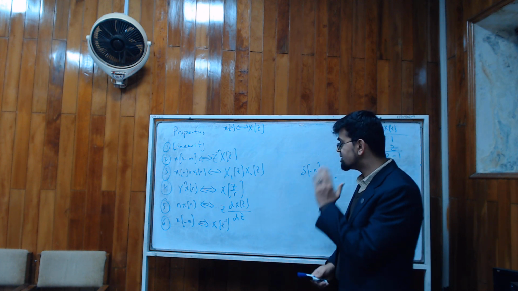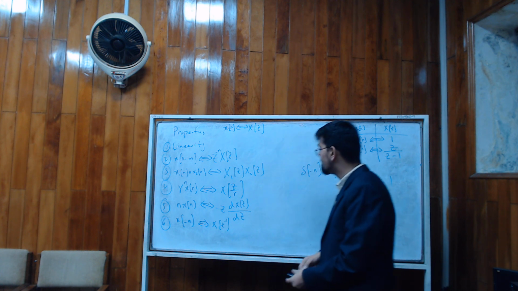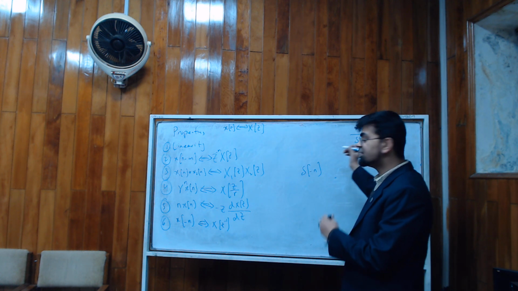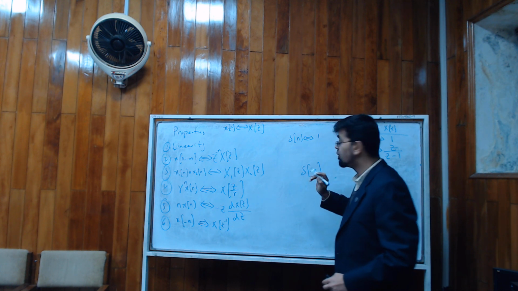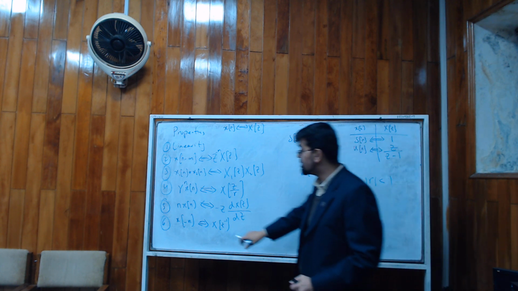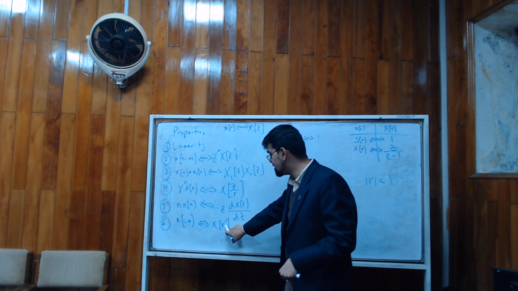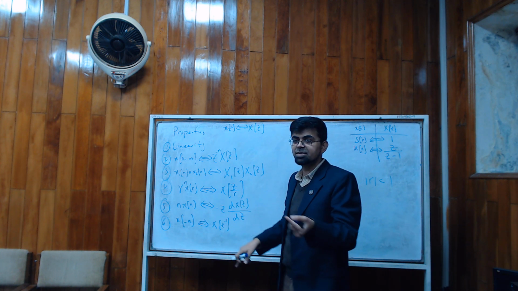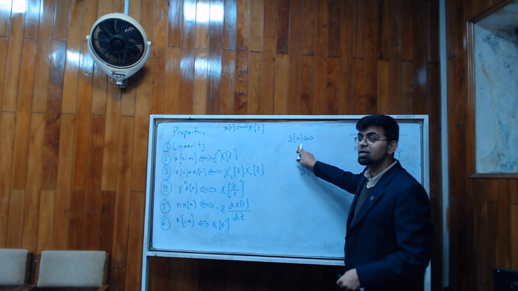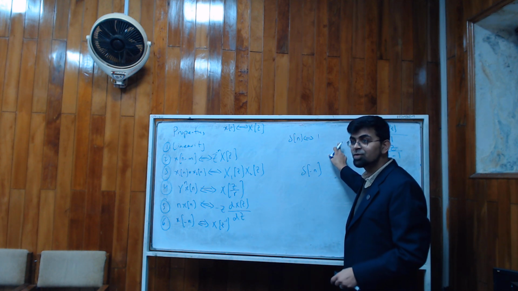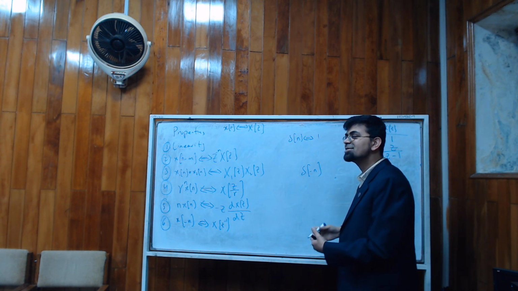Just ask yourself this. Let's start here. You have this here, right? So delta[n] is 1. We agree? It corresponds to 1. The property is saying if you reverse in time, the z variable is replaced by z inverse. Now you reverse in time, you look for the z variable, you didn't find it, there was nothing to invert, so delta of minus n is also 1.